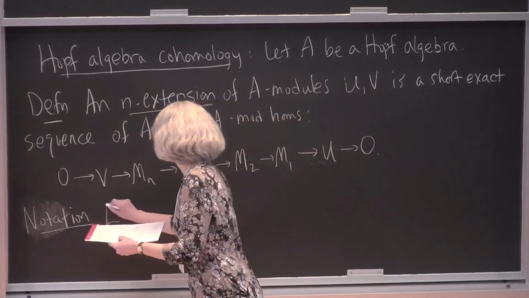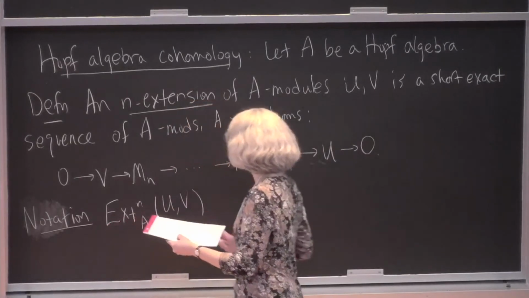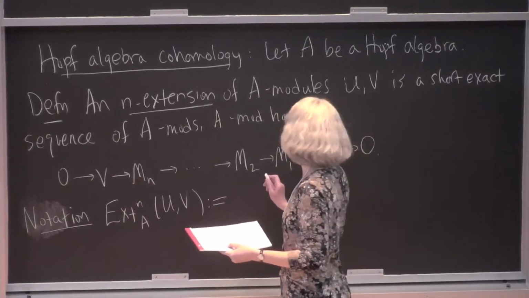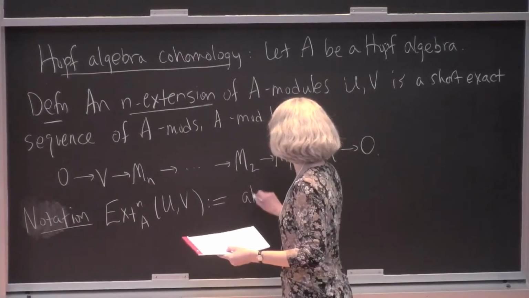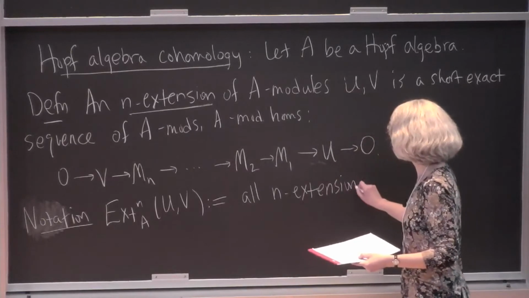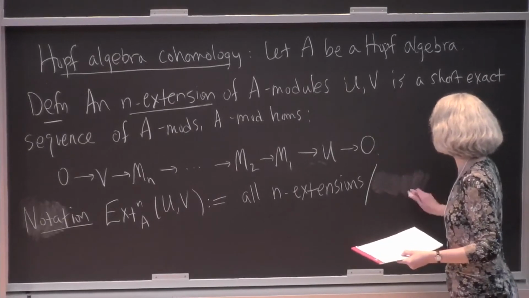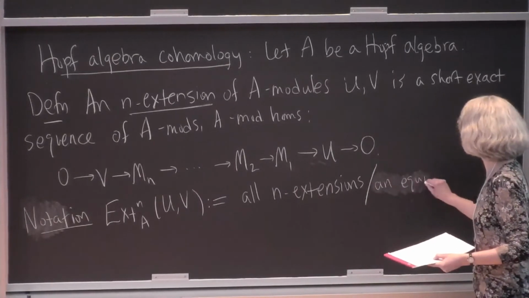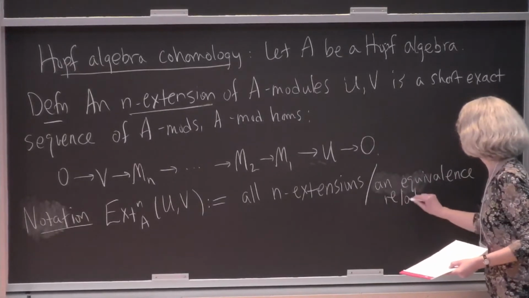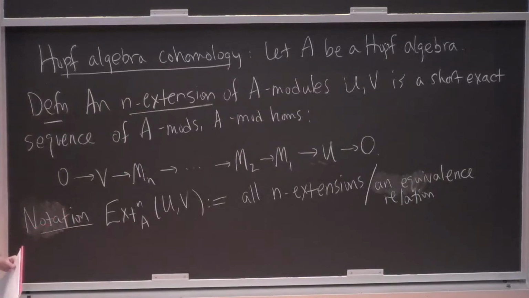Okay, so notation: Ext^n_A(U,V) is going to be all n extensions, like so, modulo some equivalence relation. Well, it's a specific equivalence relation, but I don't want to write down too much. Just like last time, my definitions are going to be slightly vague and incomplete, but I'm happy to answer questions.